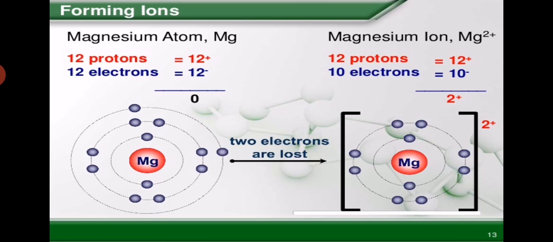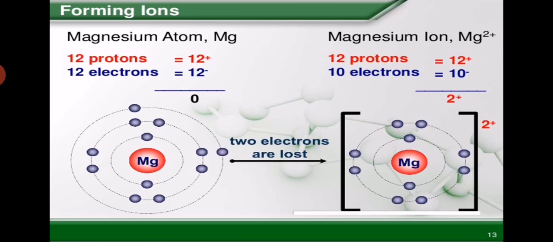Here see the example, magnesium atom Mg having a total of 12 electrons and 12 protons. Out of 12 electrons, 2 are lost, that becomes 12 protons and 10 electrons. The magnesium ion becomes Mg2 plus.